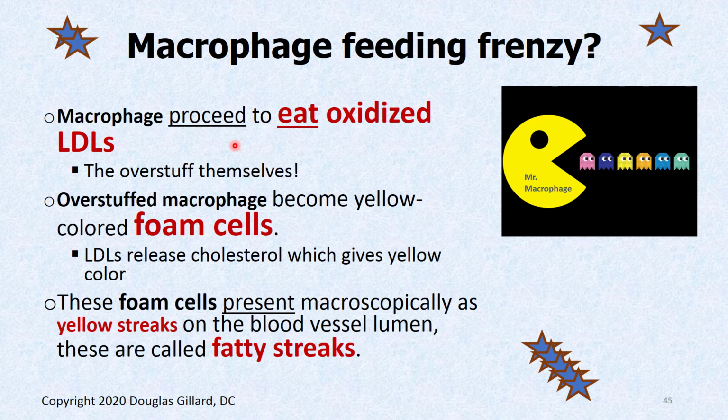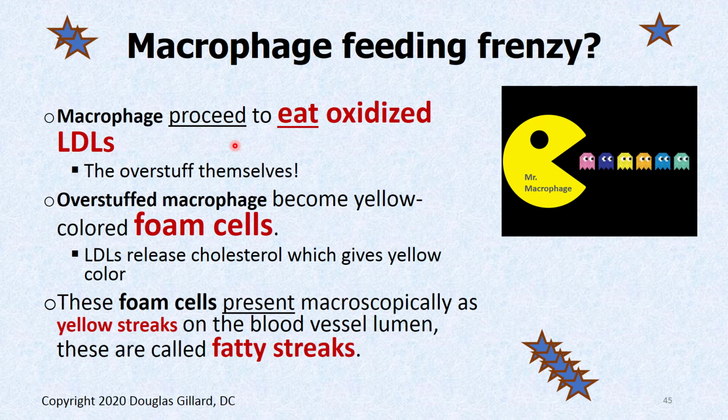macrophage eat and eat and eat until they are blown up like 10 times bigger than normal. And once they get that big, they change names to foam cells. A foam cell is nothing but a macrophage, which used to be a monocyte, and it's overstuffed, and it's even yellow in color because it's eaten all these LDLs, which are yellow.